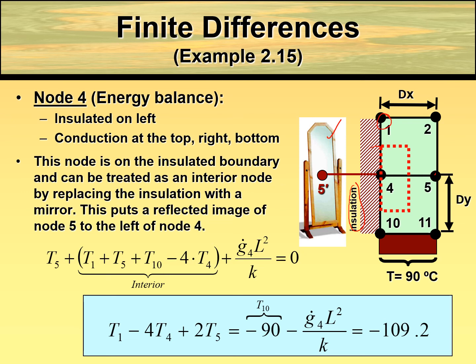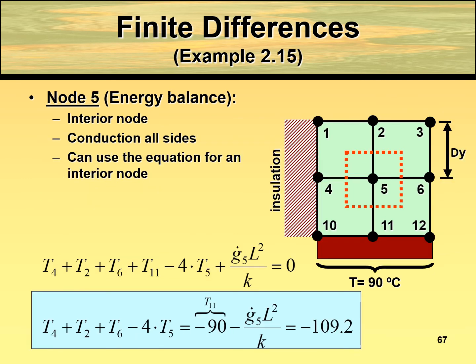Remember T1 plus T5 plus T10 plus T5 minus 4 T4, and then remember the equation for the heat generation, q delta x squared over K. So substitute that, and you will get this equation. L is nothing but either your delta x or your delta y, because both are the same. And K is known. So substitute and you will get this equation. So that is done for node number 4.